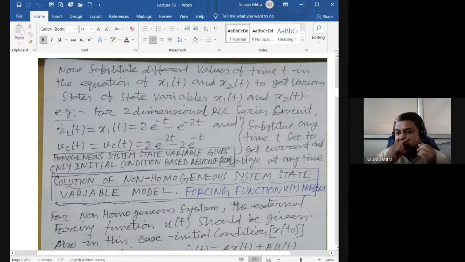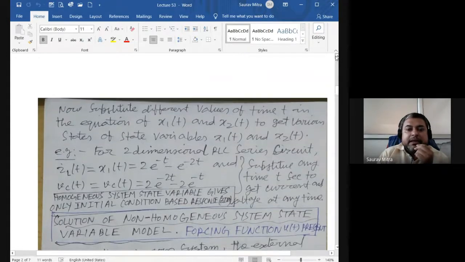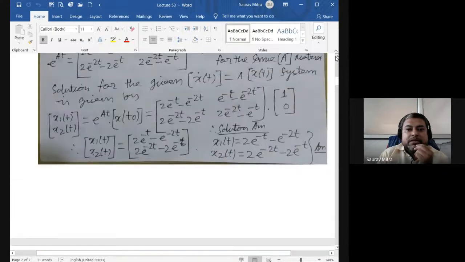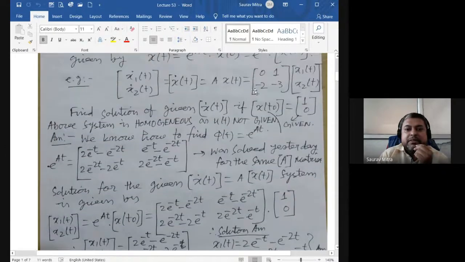Whatever is the IL(t), whatever is the VC(t), x1 is maybe IL, the way we have called it in the case of the RLC circuit. For the second, x2(t) was VC(t), so VC(t) is equal to this. Because for the RLC circuit, maybe the A matrix was 0, 1, minus 2, minus 3. I'm just telling you because it depends on the values of R, L, and C. We have come to know what the A matrix is for the RLC circuit.